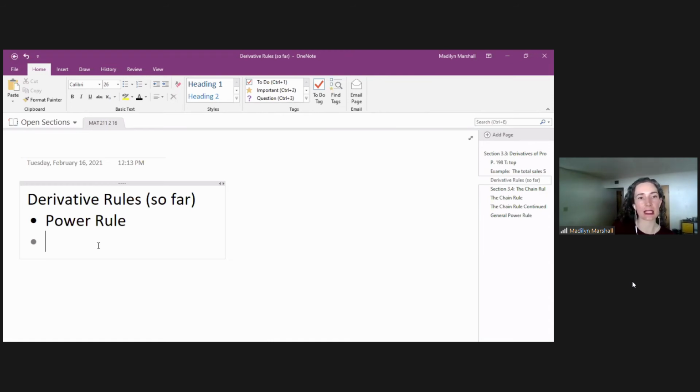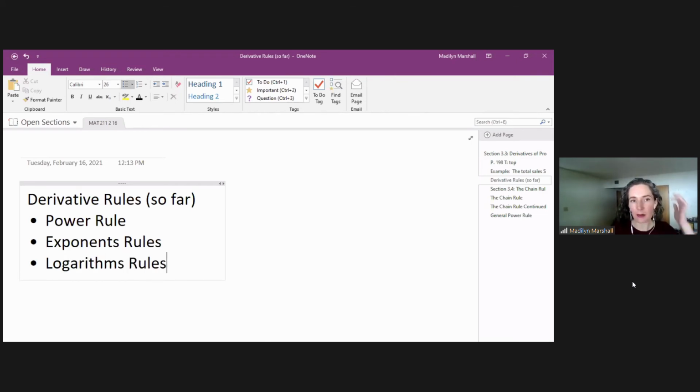That was what we did in chapter 2. We have our exponents rules. And I'm not writing these out right now because they're in the book and in your notes and in our class notes, but these are what we have done so far. So we have power rule, exponents, logarithms, and we just did the product rule.